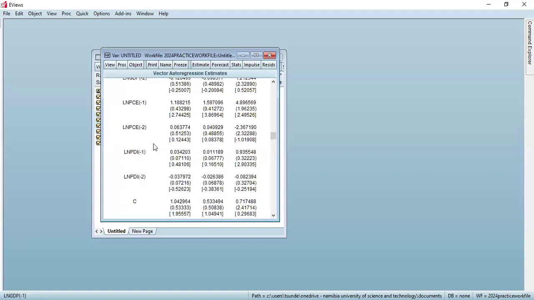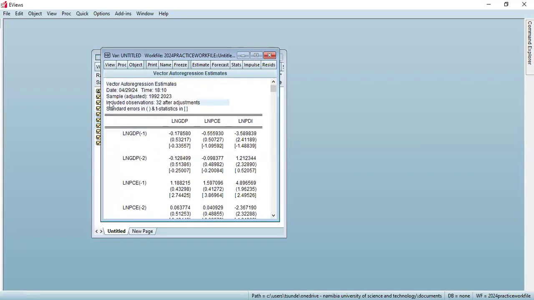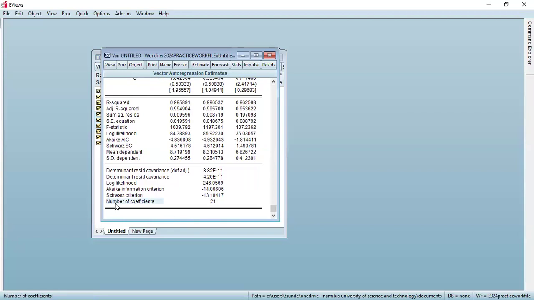Then the other thing of interest that you need to look at is the number of observations that we have after adjustments. This one. The number of observations you have is 32, which means you have 32 data points after adjusting for degrees of freedom. Then you go to the bottom. The number of coefficients that you have is 21.